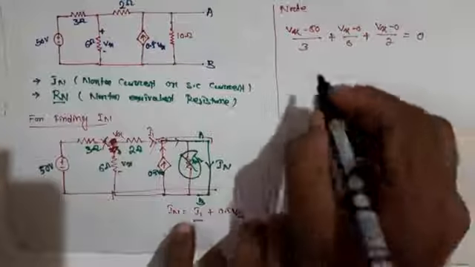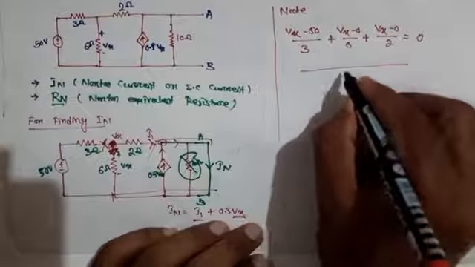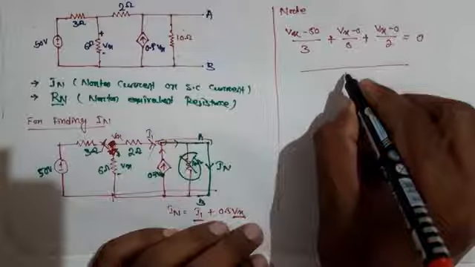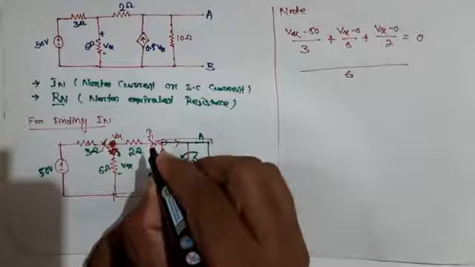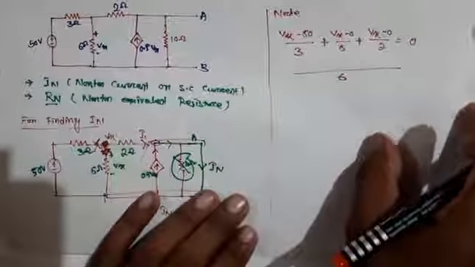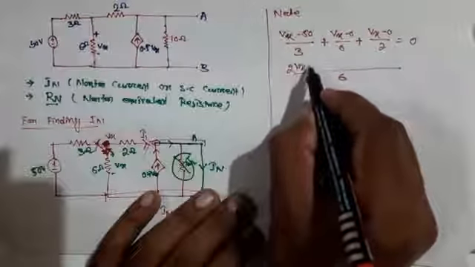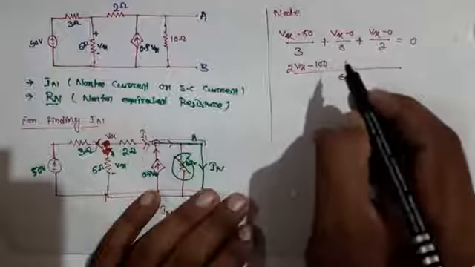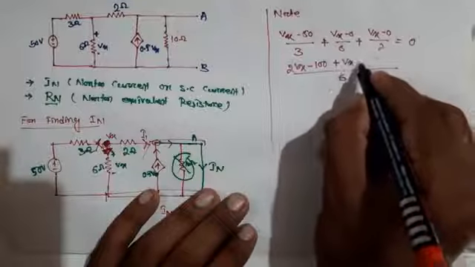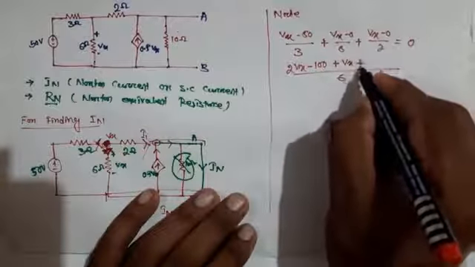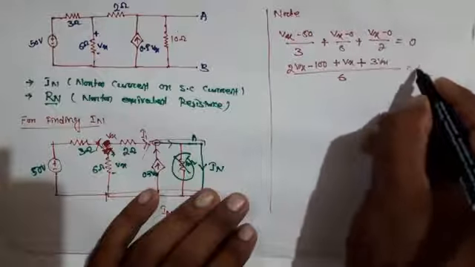Let's take the LCM, which is 6. So 2 times (Vx minus 50), that is 2Vx minus 100, plus Vx, plus 3Vx, is equal to 0.